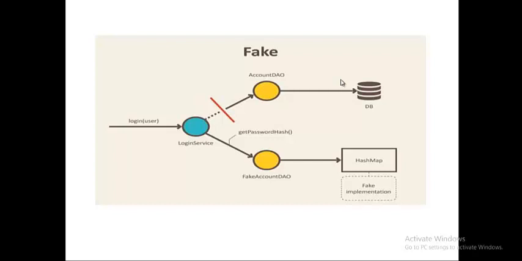But now in the process of a fake, we have taken a different route and now we are reaching a dummy repository, which is a HashMap. So we have a fake implementation. One good example: I don't have my database ready. What I do is use some in-memory database as my database and test it for my temporary need.